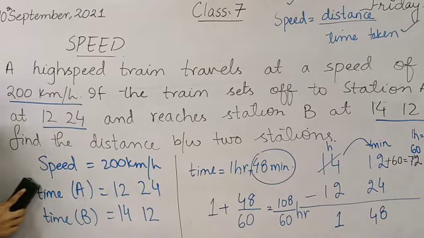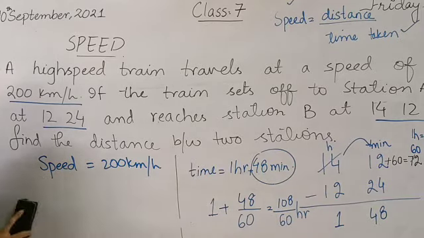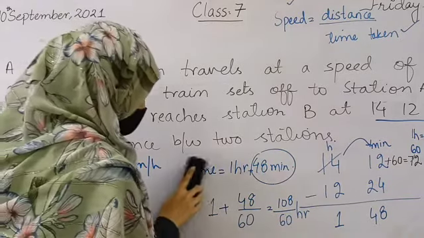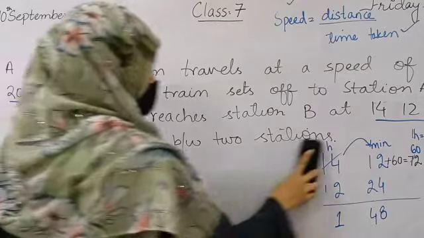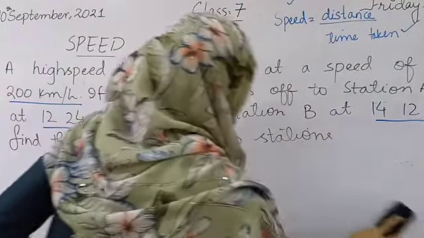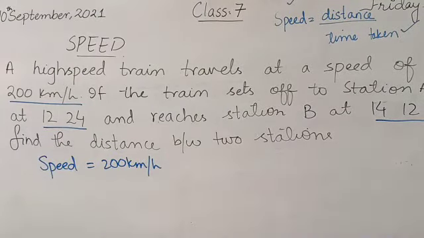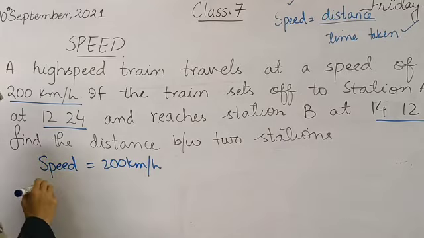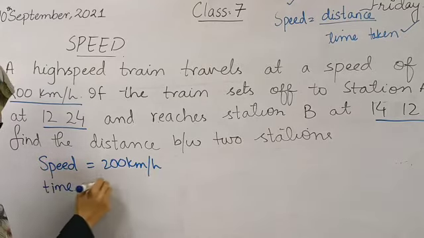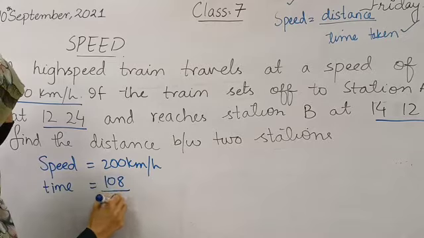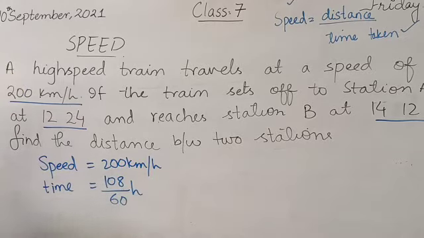I am going to raise the board. Now I have speed and time which is equal to 108 over 60 hours. Okay? Now what do we want to find out?